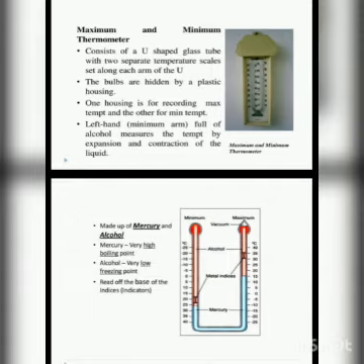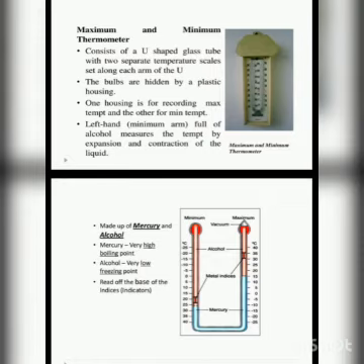The left hand is full of alcohol. It measures the temperature by the expansion and contraction of the liquid. In the main, it is made up of mercury and alcohol. It has the shape of the English letter U. One tube is filled with alcohol.